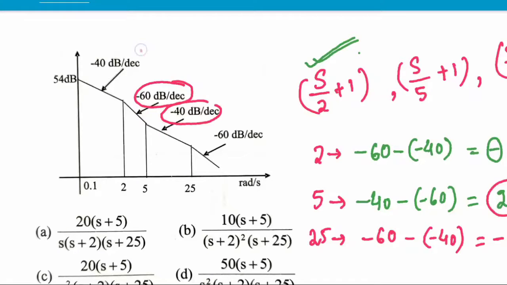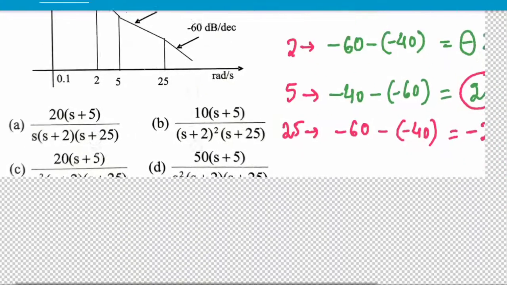The initial slope is minus 40. Minus 40 means, due to the negative, s will be in the denominator, and minus 40 is minus 20 into 2, so the power is 2, that is n is equal to 2.